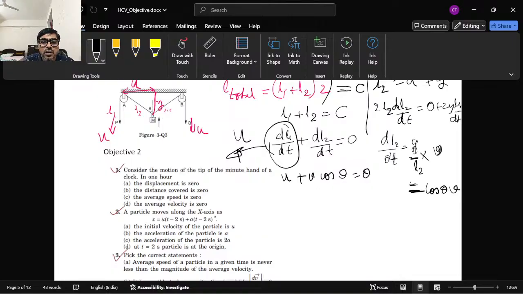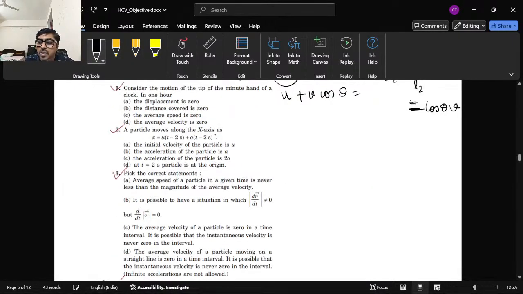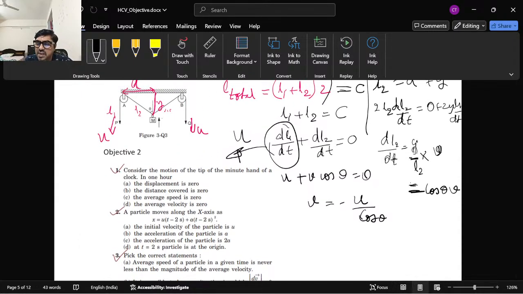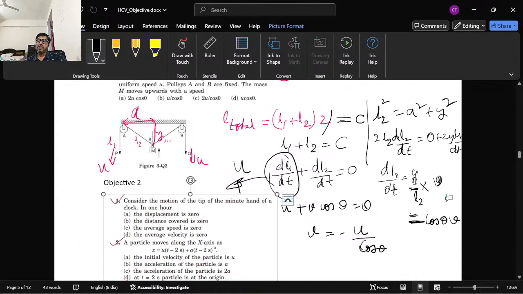Otherwise, V equals minus u by cos theta. What is the meaning of minus there? Some minus problem had come.